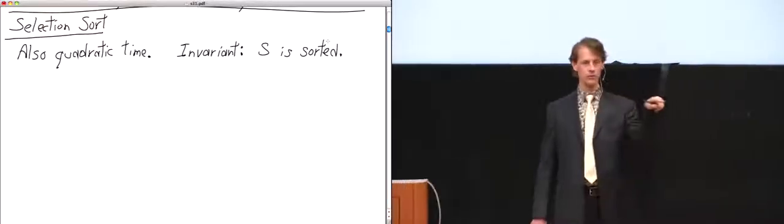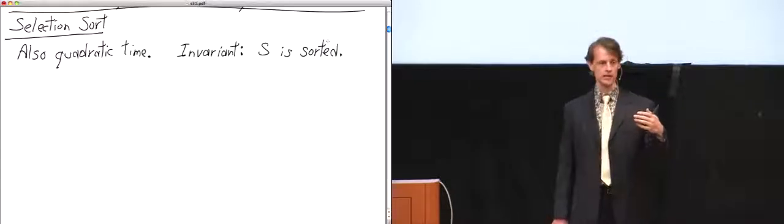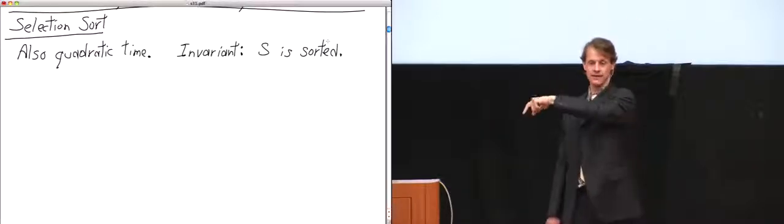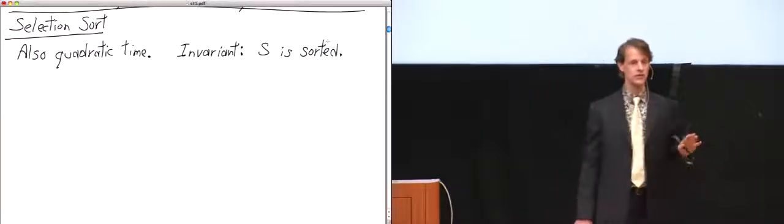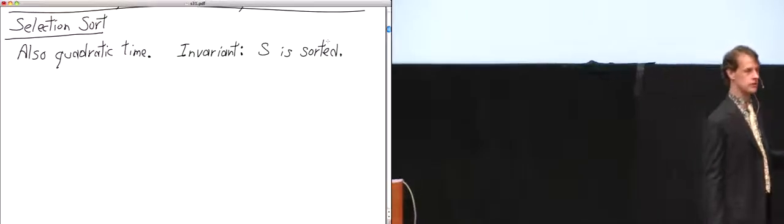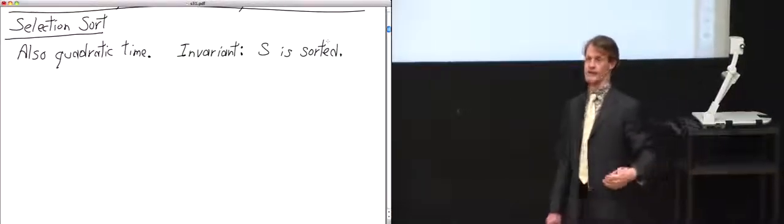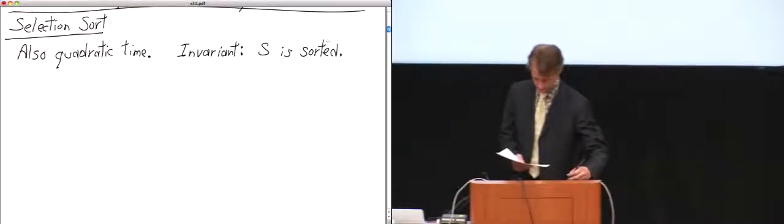We're going to walk through I, the unsorted list, and find the smallest item. Once we find the smallest item, we'll just pick it out and put it at the end of S. We don't have to search S for the right position, because the right position is always at the end of S, because we always pick the smallest item out of I.